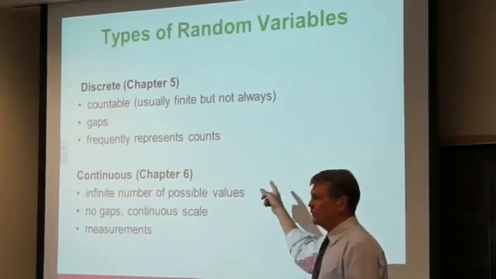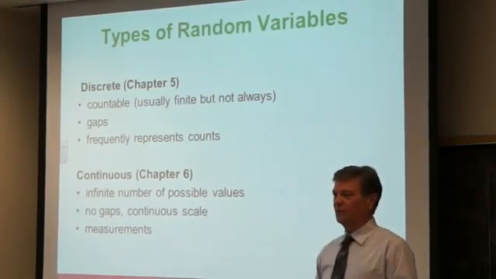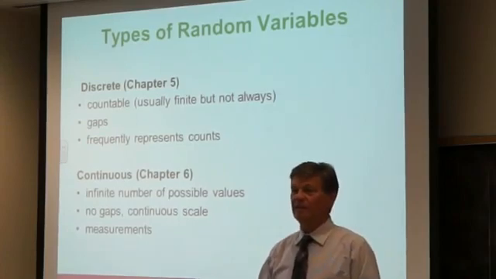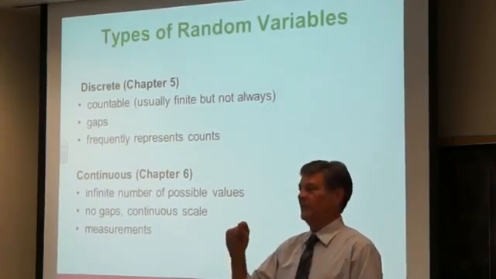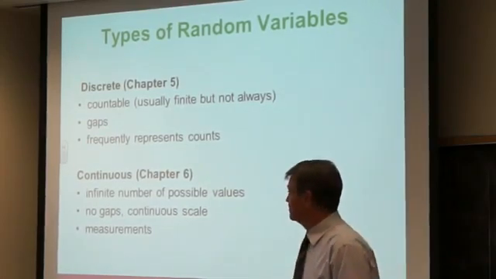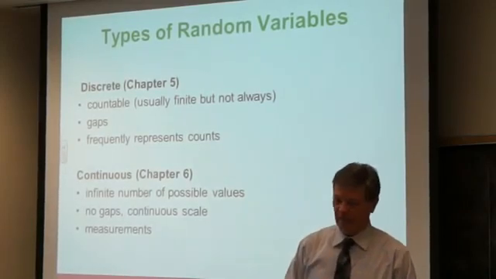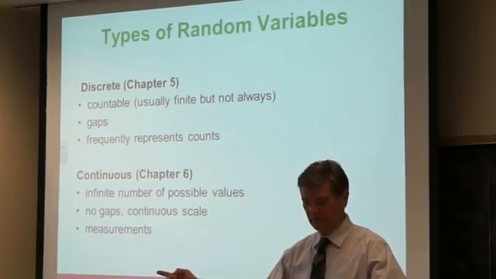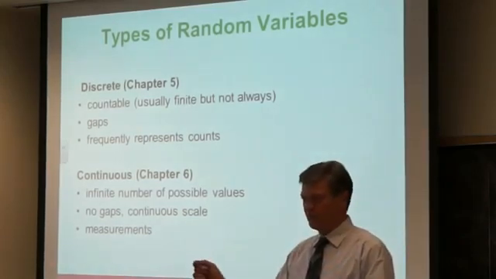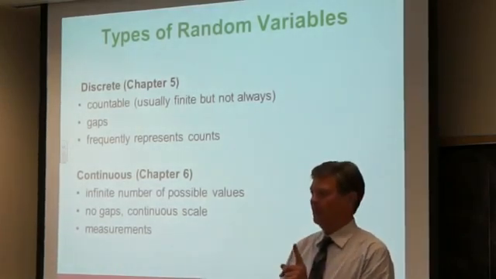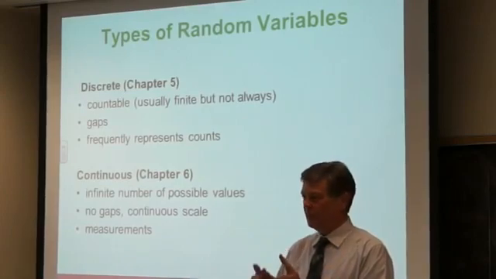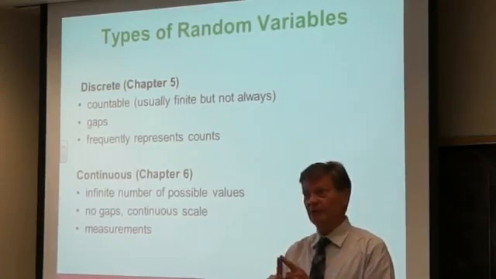Continuous, but it's always an infinite number of values. You can't have a continuous random variable unless it has an uncountably infinite number of values. Think of a continuous scale. If I had a ruler up here, and I could with infinite precision pick out any little spot on that ruler. And between any two spots, there's always another one, isn't there?